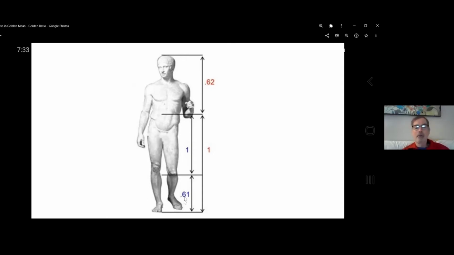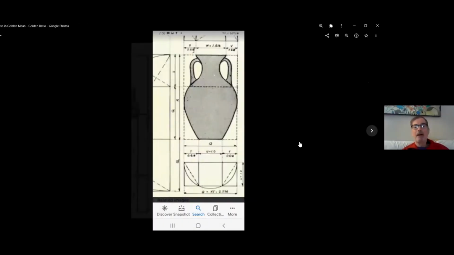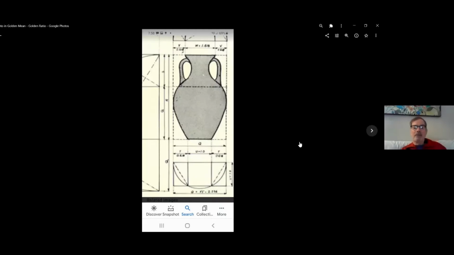So here's another. If you look at the lower leg and then up to the umbilicus, there's another 1 and 1.6 here in the human figure. So they were well aware of this and utilized it. This is just a diagram.